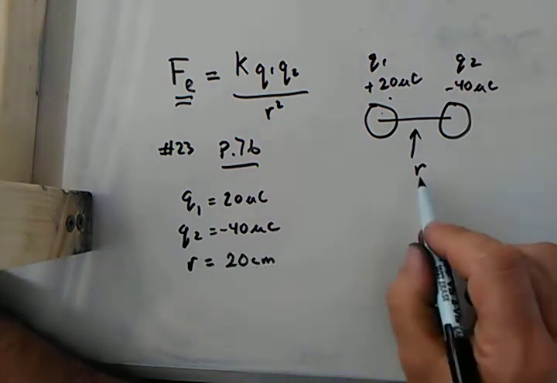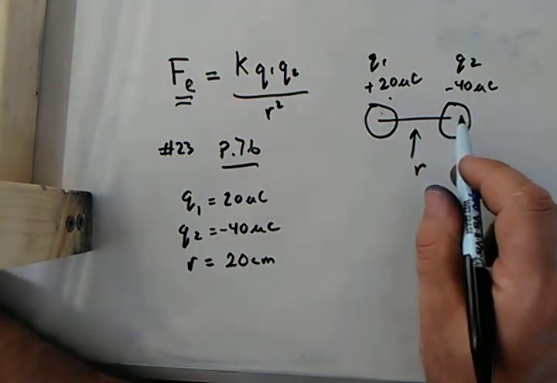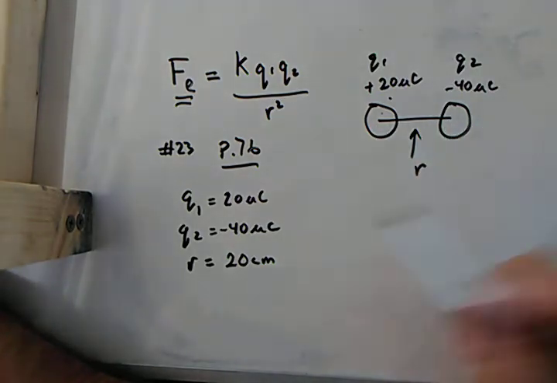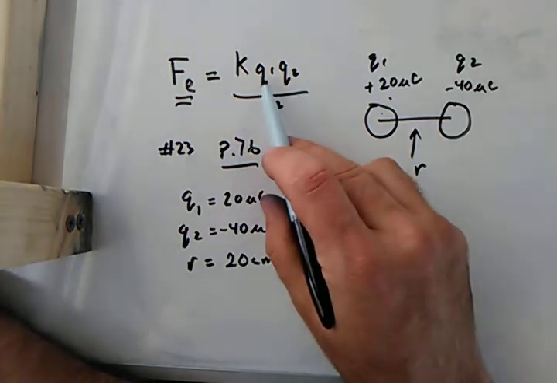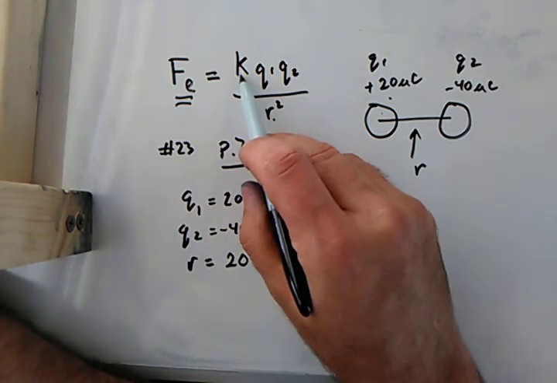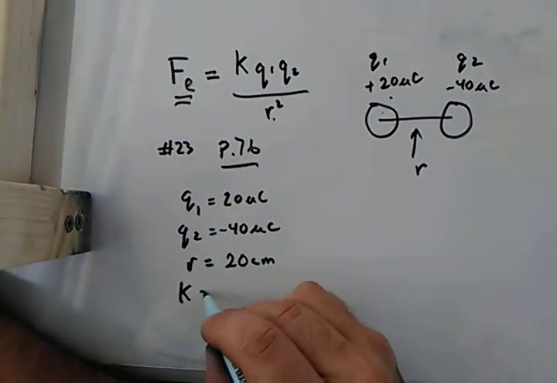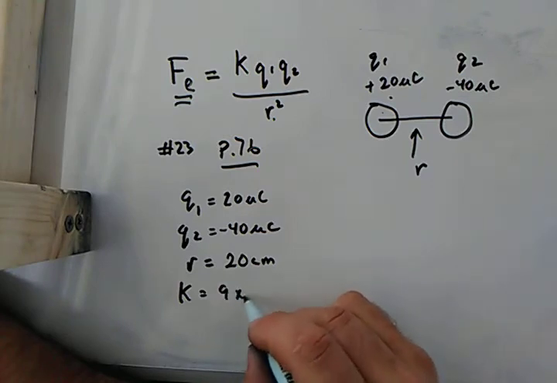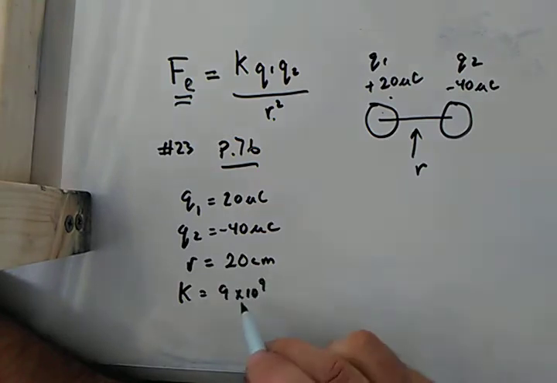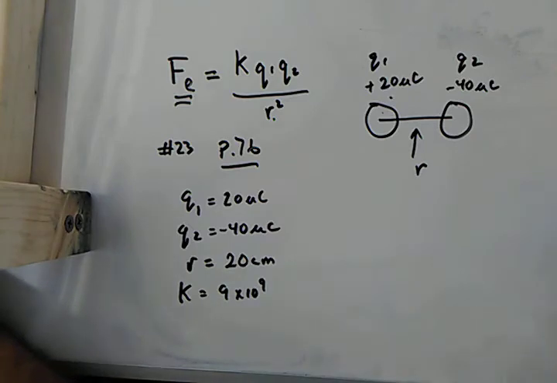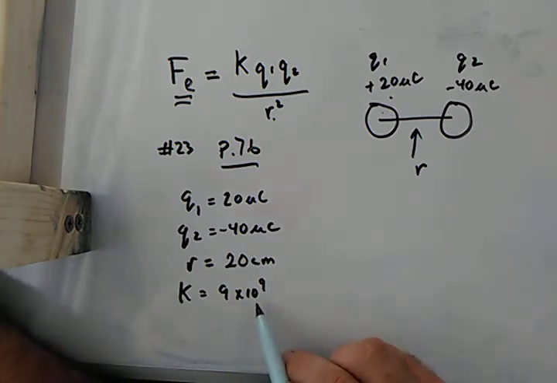So we've got a radius, we've got Q1, Q2, and we've got K. Remember, K is 9 times 10 to the 9th, and we'll leave the units out to avoid confusion. That is our fudge factor that we plug in there.